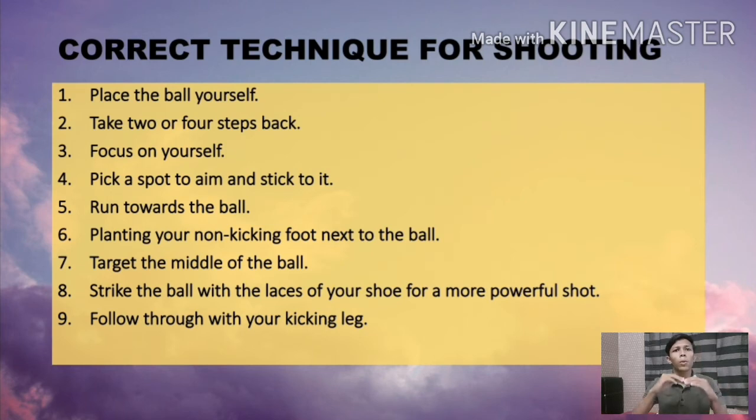If you kick at the middle, you can control the ball, not too high and not too low. But if you shoot with the bottom point of the ball, maybe your ball goes too far high, so make sure you kick the center of the ball. It means the middle of the ball.